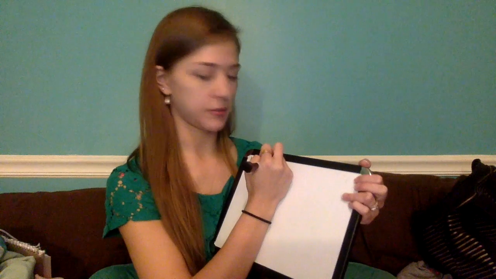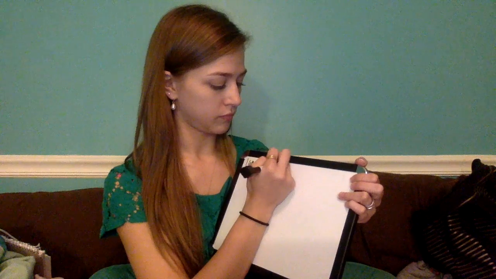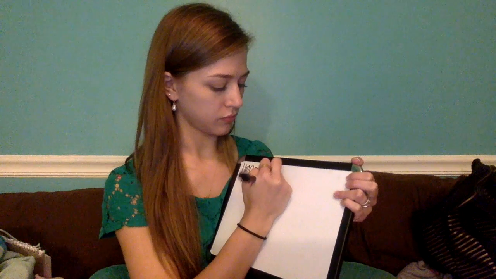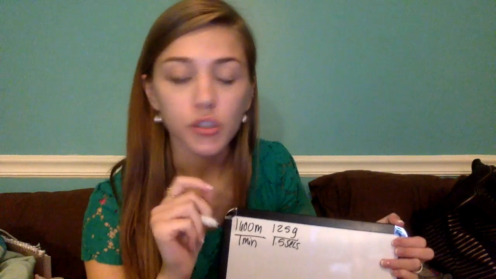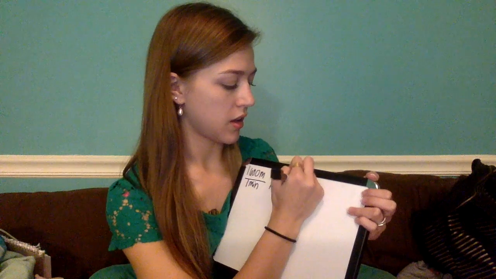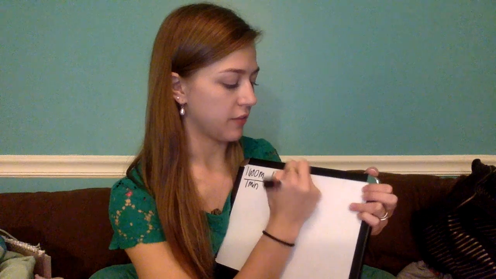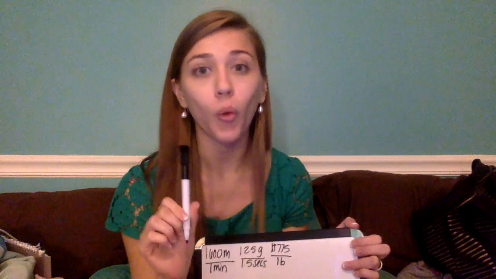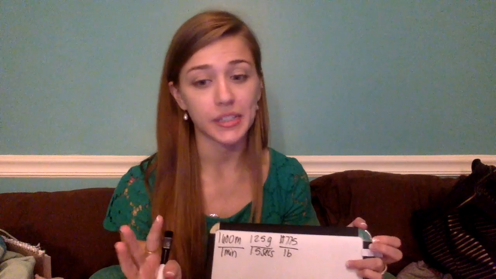So there's our next one. And then if you keep reading, it also costs $775 per pound. So this one's interesting because it's dealing with units of length, time, weight, and money. So it's a lot, but if you use unit conversions, you can get there very simply.